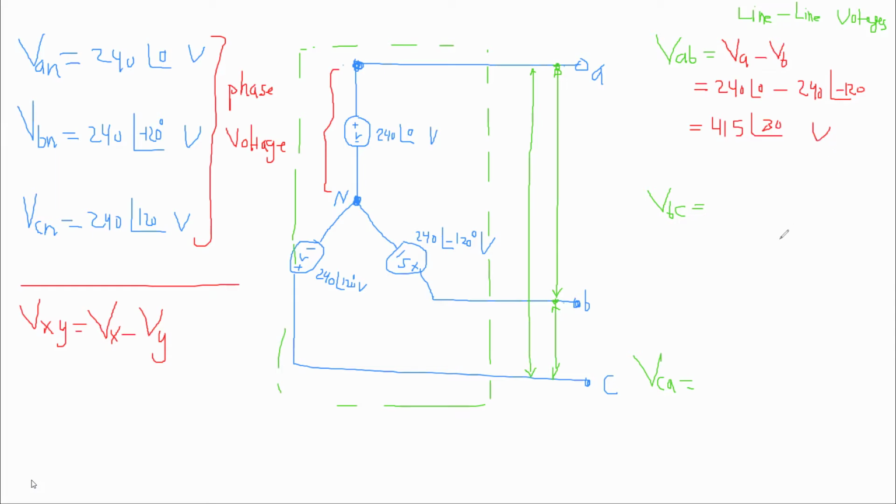Now, the good thing about a three-phase system, when it's balanced, if you want to find VBC, you know it's the same value, 415. And the angle, you take the 30 minus 120, so minus 90.